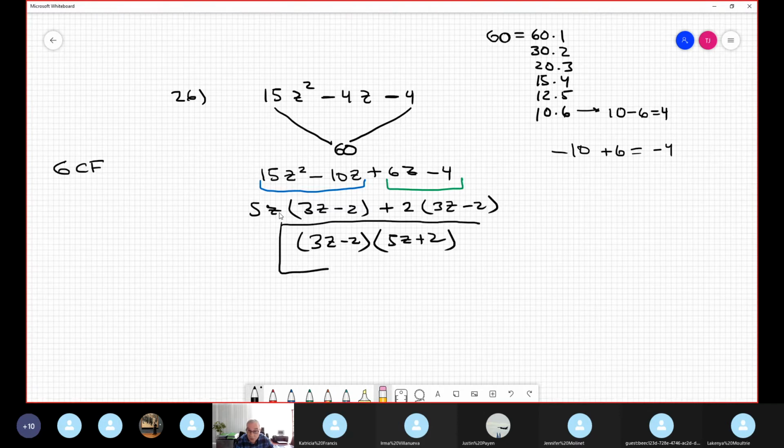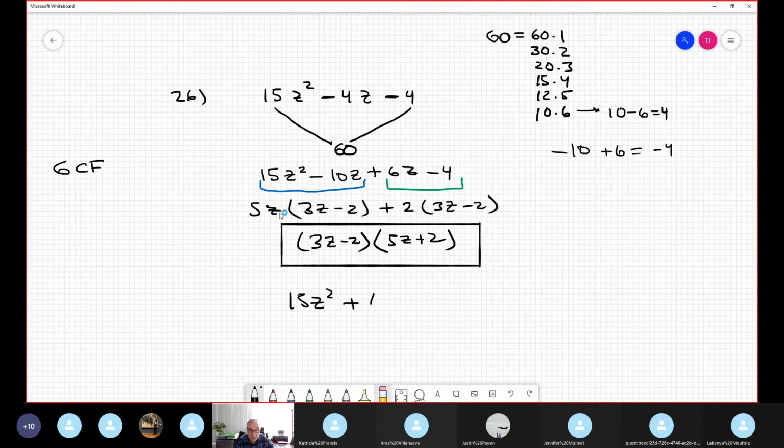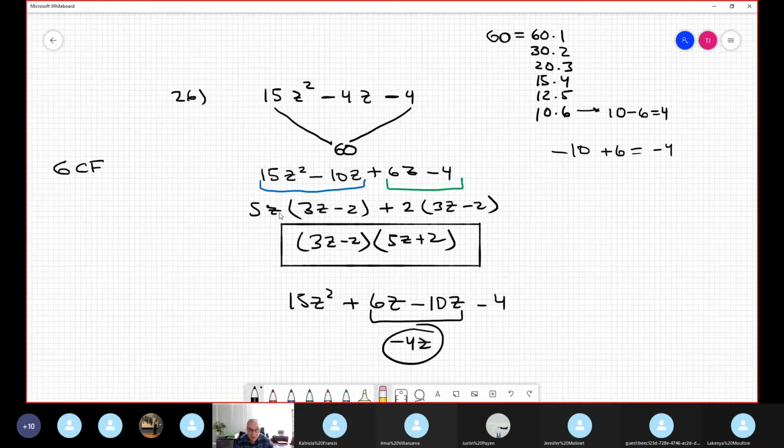Suppose it's good. But just in case, I need verification. And multiplication. 3c times 5 is 15c squared. First, outer is 6c. Inner is negative 10c. And last is negative 4. And when you combine like that here, it's obvious it's negative 4. See, exactly like that.